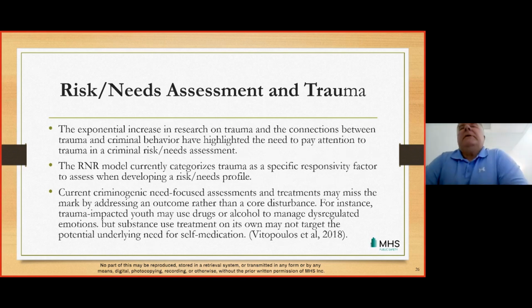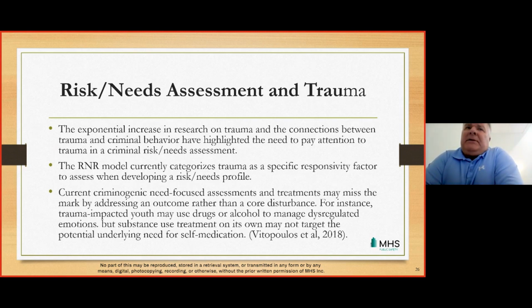The risk need responsivity model currently categorizes trauma as a specific responsivity factor to assess. I'm going to take that a step further and indicate that whenever we're doing risk need responsivity assessment, it needs to be trauma informed, which I'll discuss in a minute.